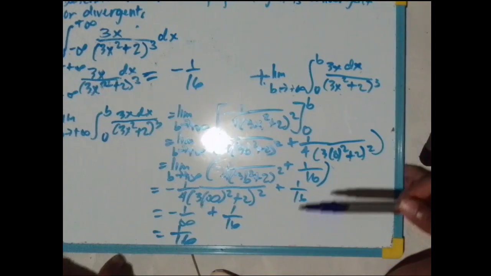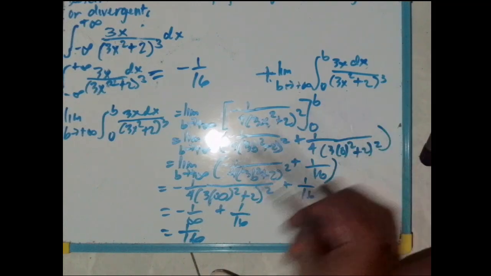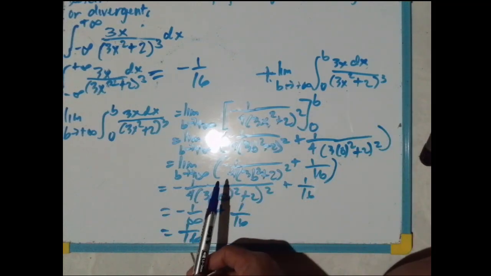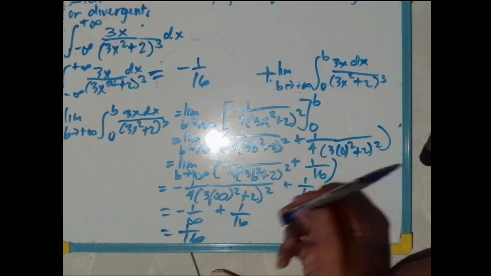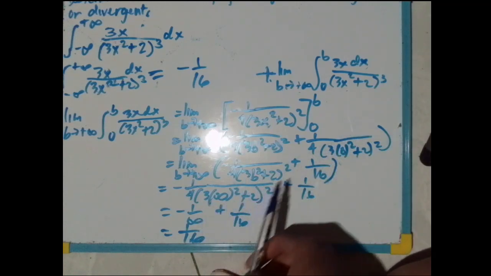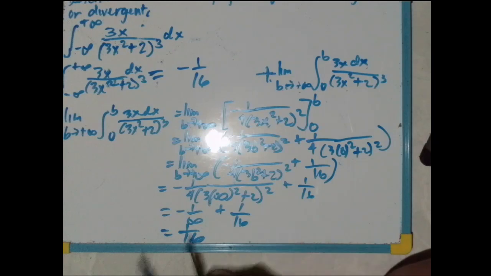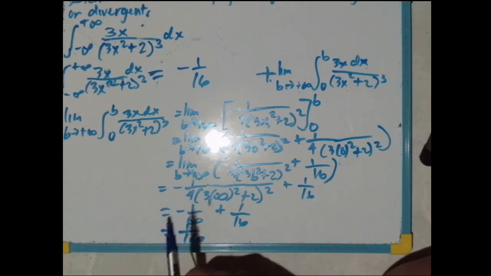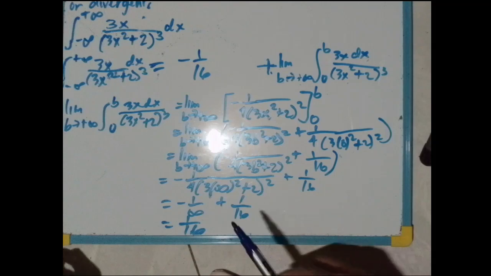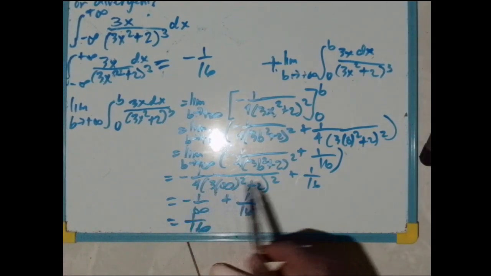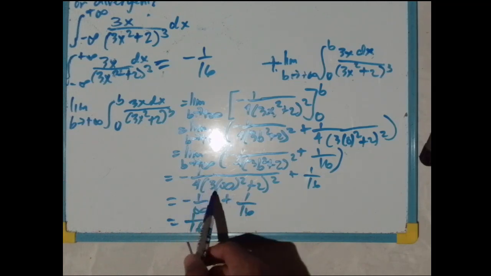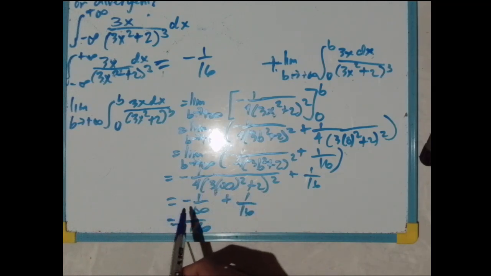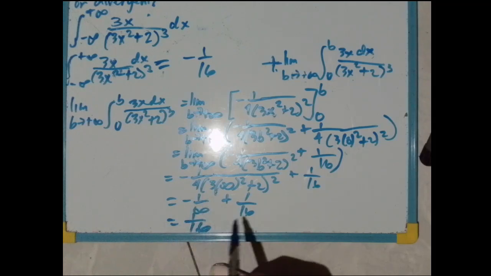After substituting the values, we have the limit of the quantity negative 1 over 4 times 3b squared plus 2 raised to the power of 2, plus 1 over 16, as b approaches positive infinity. This first term is negative 1 over 4 times infinity, so we have just negative 1 over infinity.